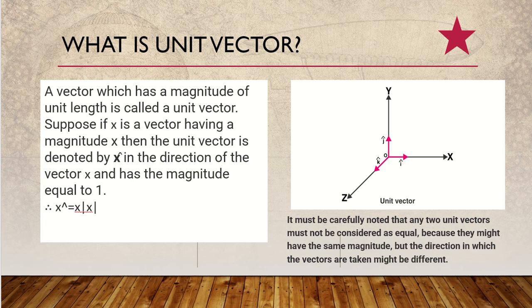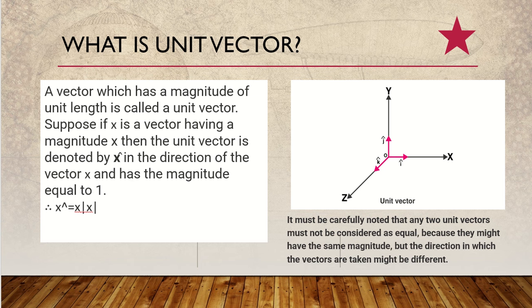If you are reading a unit vector, you must read it as x cap. Say for example, there is another vector called i. Then we read it as i cap, j cap, k cap, etc. So you can observe the image.